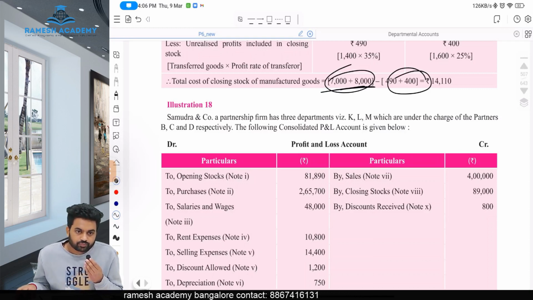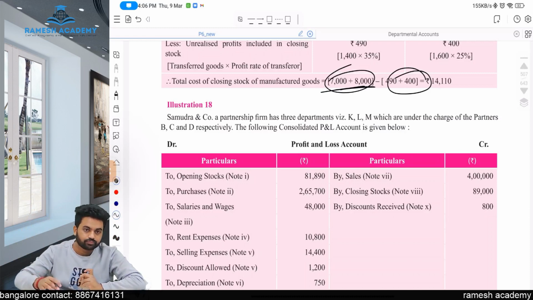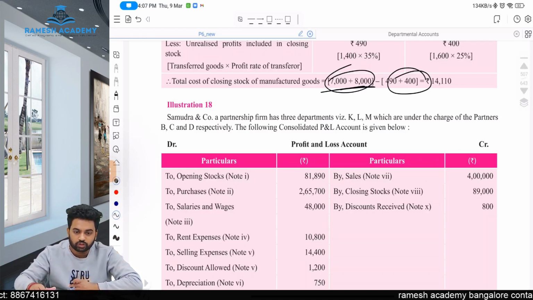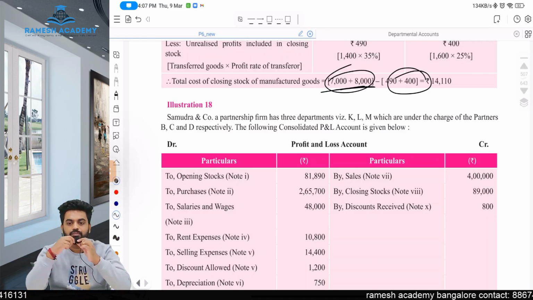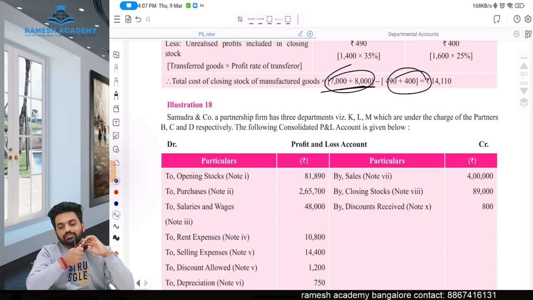Hello, shall we start? Shall we start, people? Fine, fine, fine. Had your coffee, tea, Horlicks, Bonvita? And some people have the habit of having nothing.